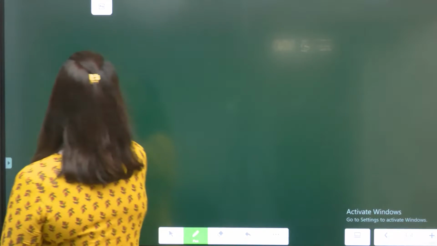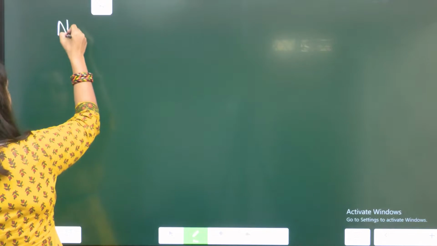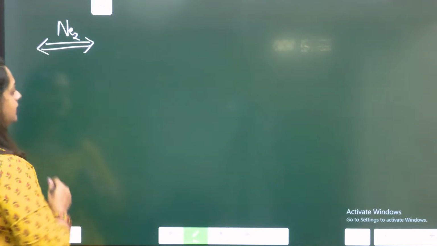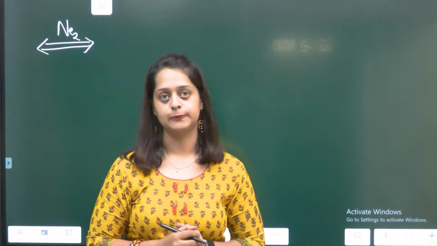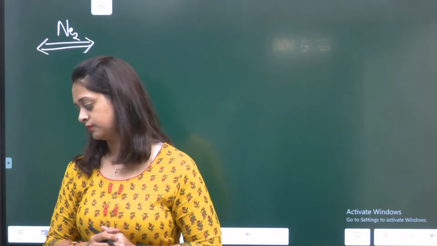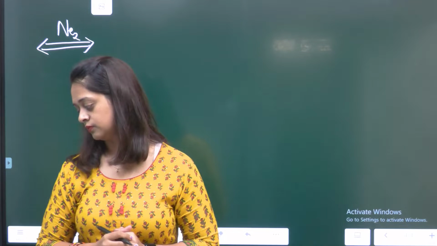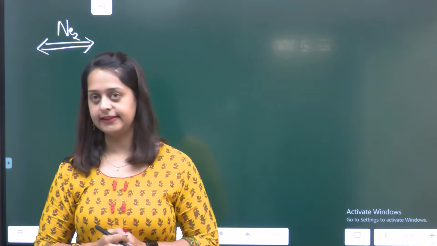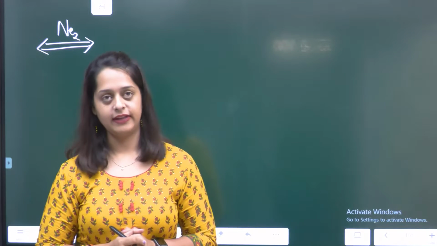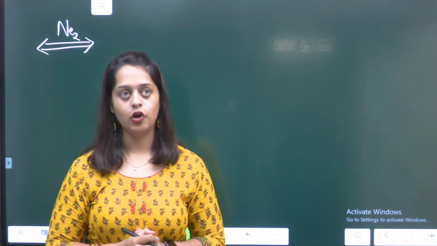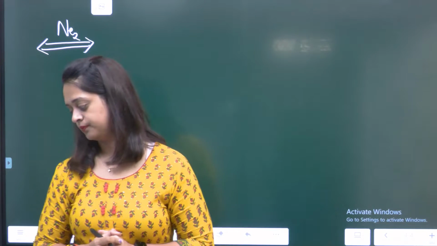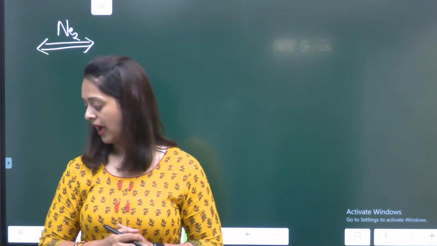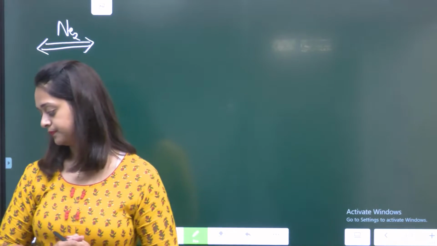Now, Ne2, does it exist or does it not exist? Does it exist in nature? If yes, how? If not, why? No, ma'am. It does not exist. Okay. Why does it not exist?